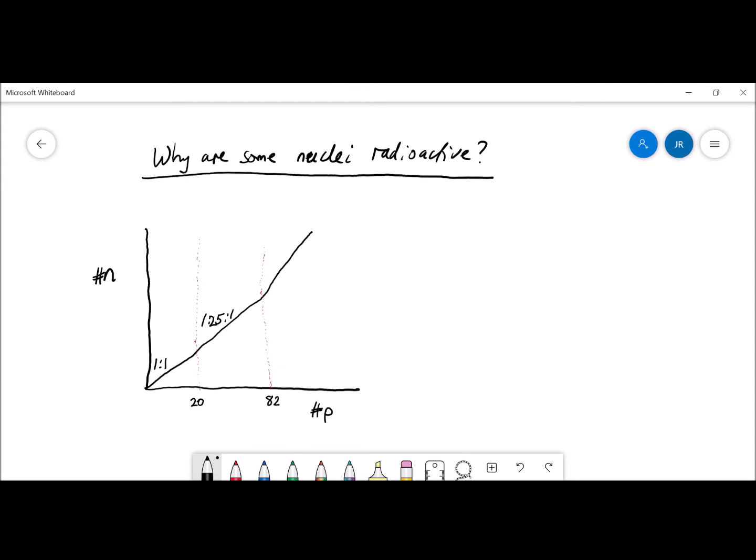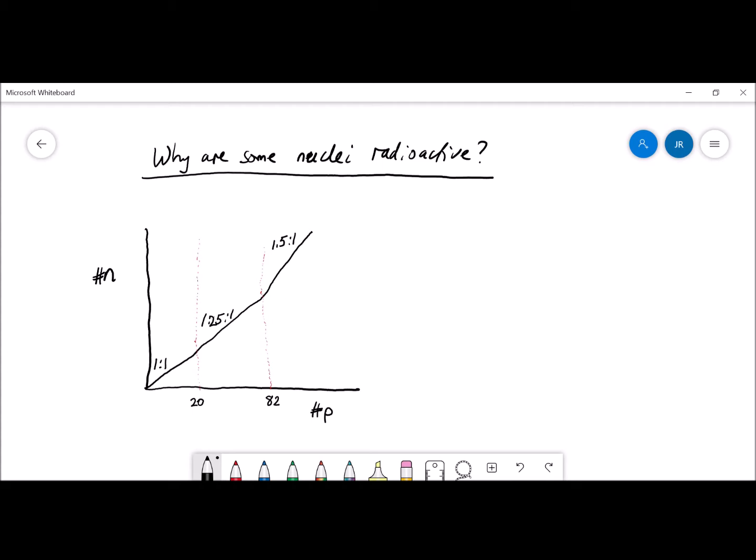And then above here, we've got about 1.5 to 1. And essentially, the closer you are to this line, and it's quantum statistics now, the less likely you are to be radioactive.